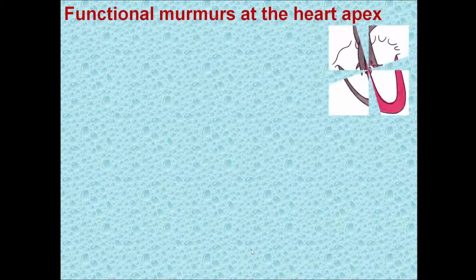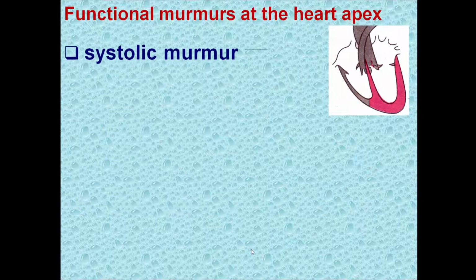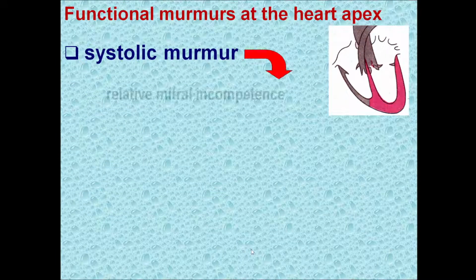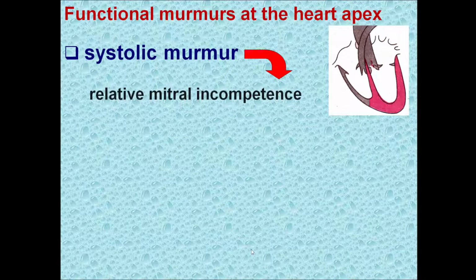I want to remind you of the mechanism of formation of the functional murmur at the heart apex of a patient with aortic regurgitation. One minute ago we spoke about the systolic murmur due to relative mitral incompetence, because the dilated left ventricle dilates the mitral orifice, which cannot be closed by the normal mitral valve that did not grow together with the dilation of the orifice.